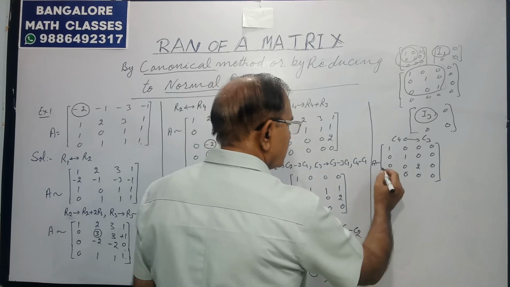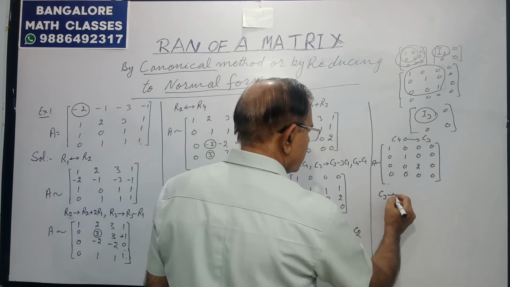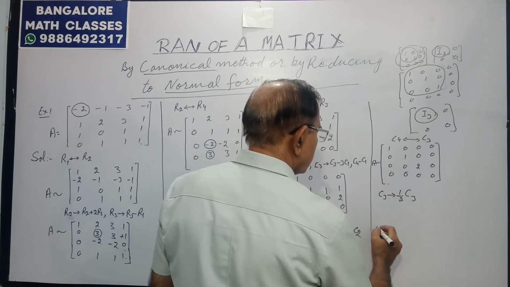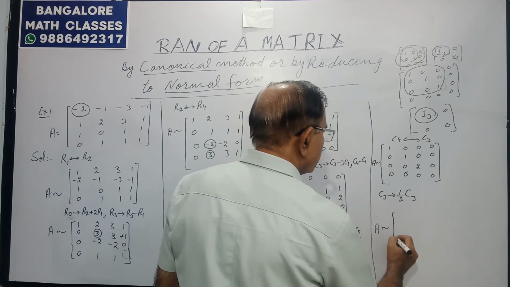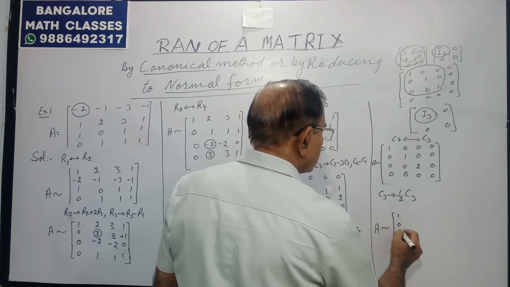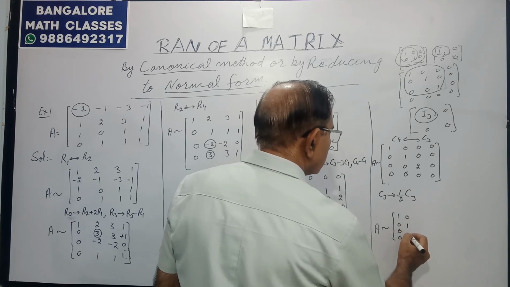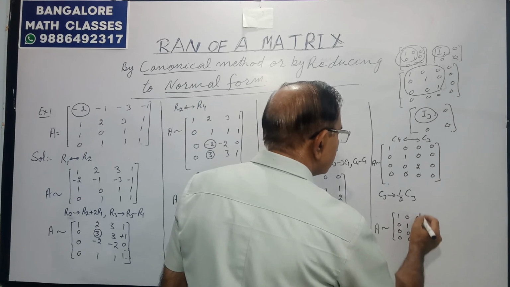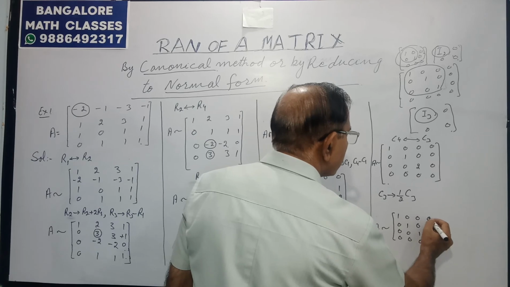Then this C3 to half of C3. A will come out to be equivalent to 1, 0, 0; 0, 1, 0; 0, 0, 0. When we go for half, it will be 1, 0.